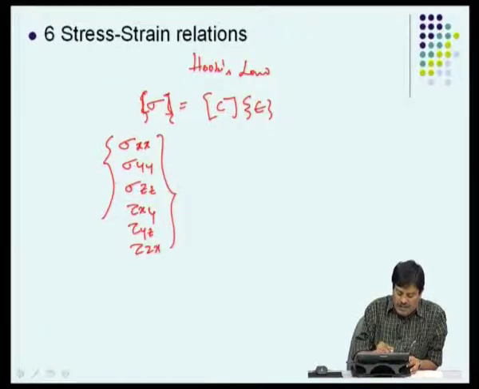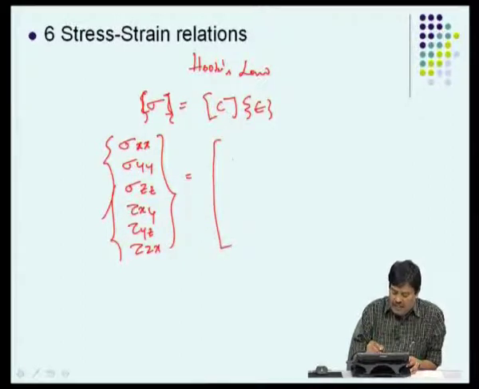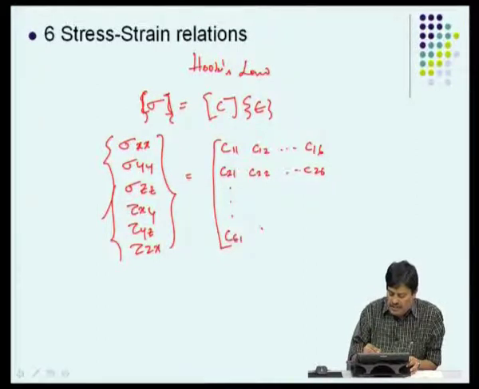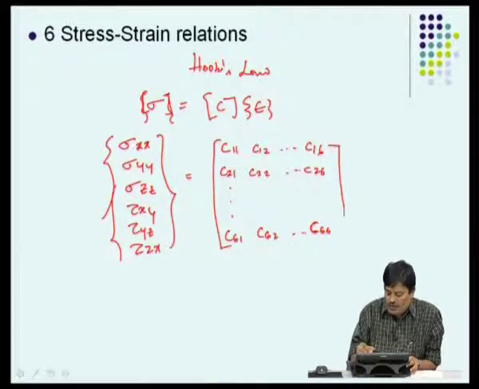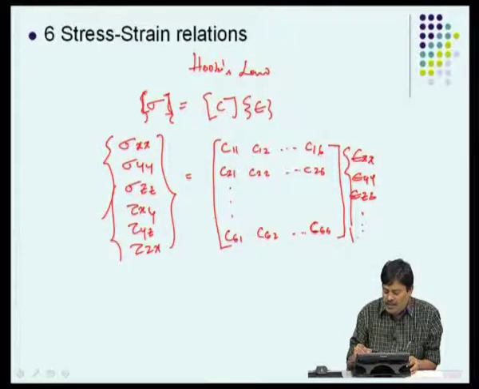So, these are the stress vectors which are related to the strain vector by the constitutive matrix. This is C11, C12 to C16, C21, C22, C26 and then you have C61, C62, C66, which is related to the strain given by epsilon xx, epsilon yy, epsilon zz, gamma xy, gamma yz and gamma xz.